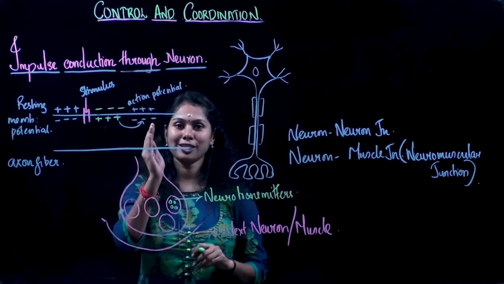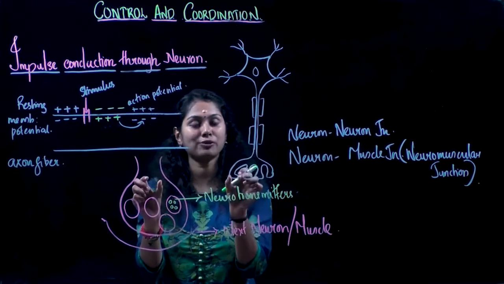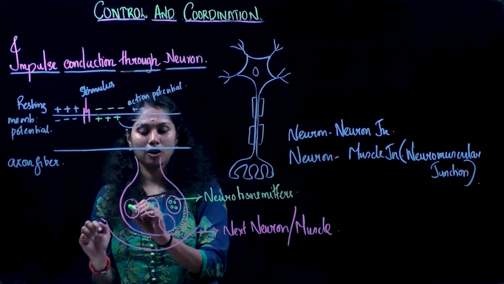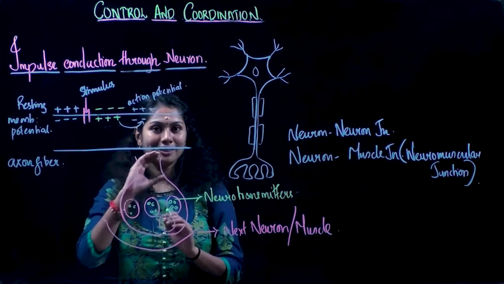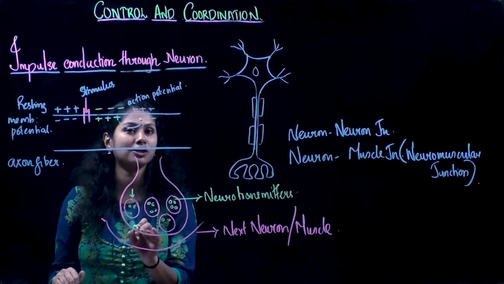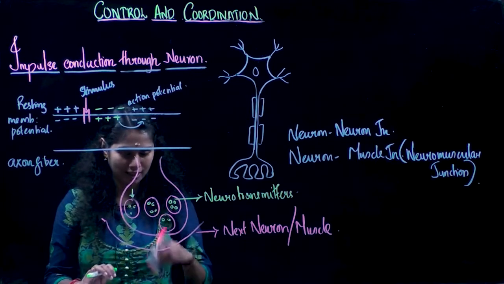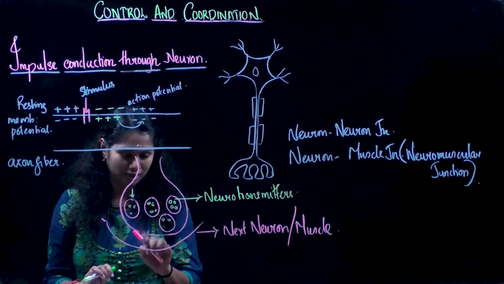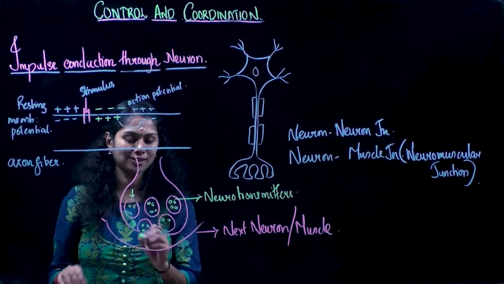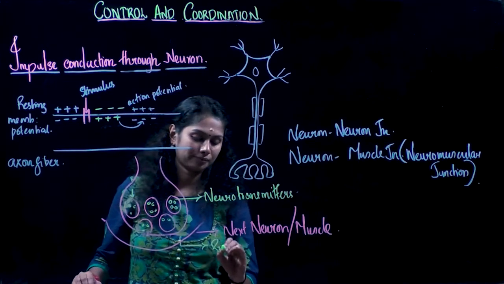So, as the electric impulse passes all along the length of this axon and reaches the synaptic knob, where there are many vesicles containing chemicals called neurotransmitters, this impulse causes these vesicles to move close to the surface of the membrane of the synaptic knob, and it opens up into this space called the synaptic space or synaptic cleft.